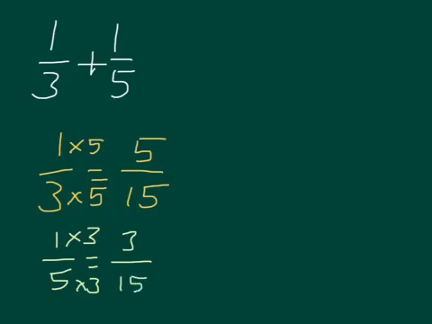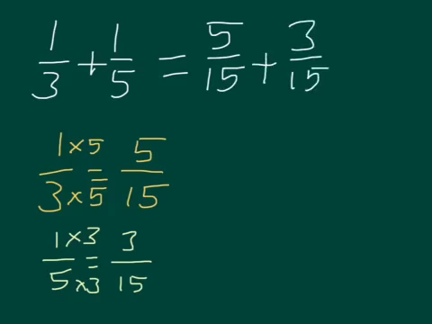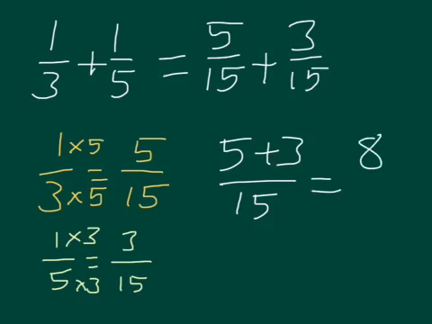So you can see that my denominators are now the same, and I end up with 5/15 plus 3/15 instead of 1/3 plus 1/5. Don't forget, 5 plus 3 over 15 equals 8/15. Do I need to simplify? Nope, I'm pretty good. I'm happy with that.